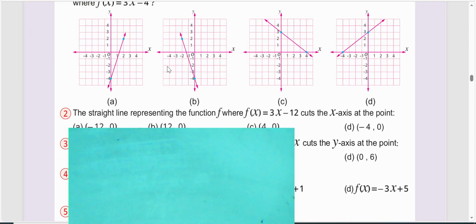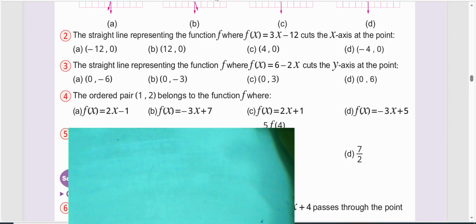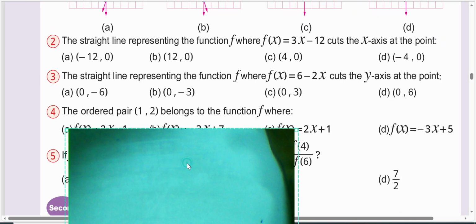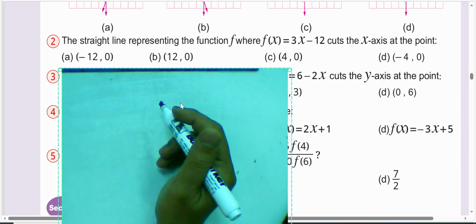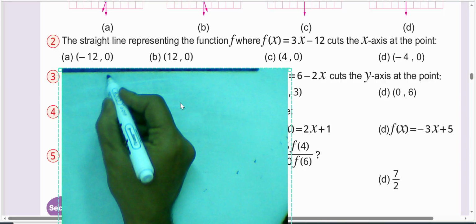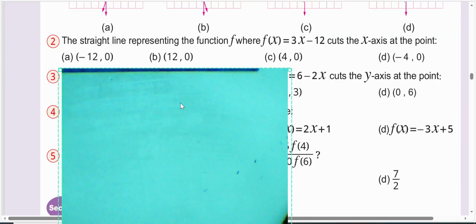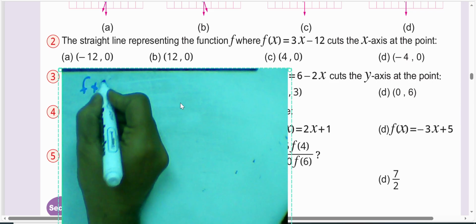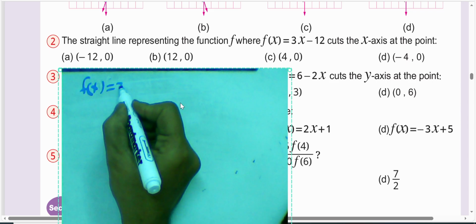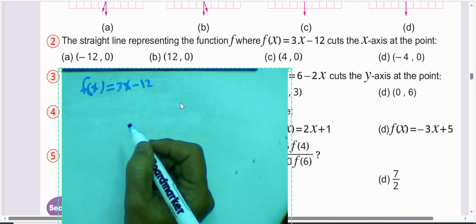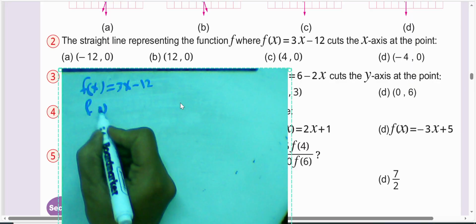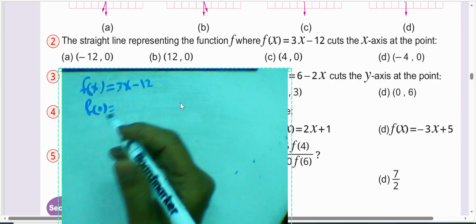Next question down. The straight line representing the function f, where f of x equals 3x minus 12, cuts the x-axis at the point what? Okay, cuts the x-axis, it means y will be equal to 0.